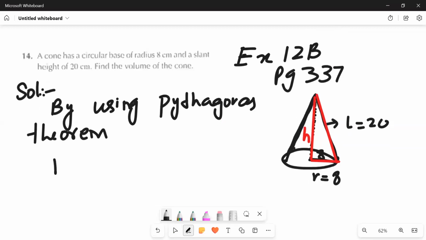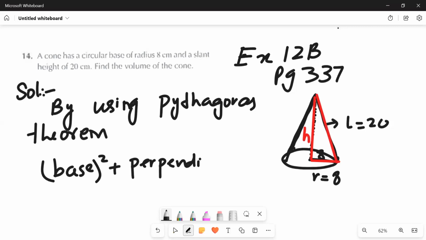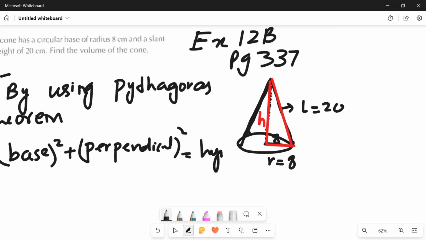We will write here: base square plus perpendicular square is equal to hypotenuse square. This one is the hypotenuse, this one is the perpendicular, and this one is the base.